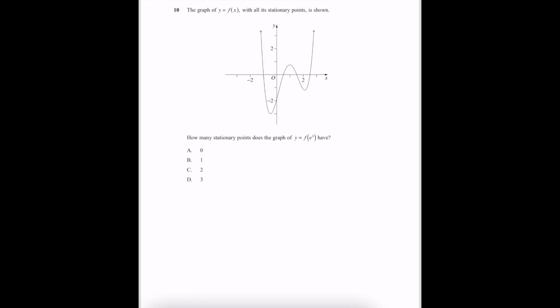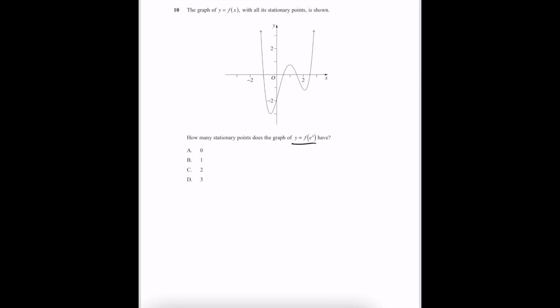Question 10 says the graph of y equals f of x with all its stationary points is shown, and it shows us that graph. How many stationary points does the graph of y equals f of e to the x have? Now, to work this question out, we need to realize that stationary points occur when the gradient function is equal to 0.